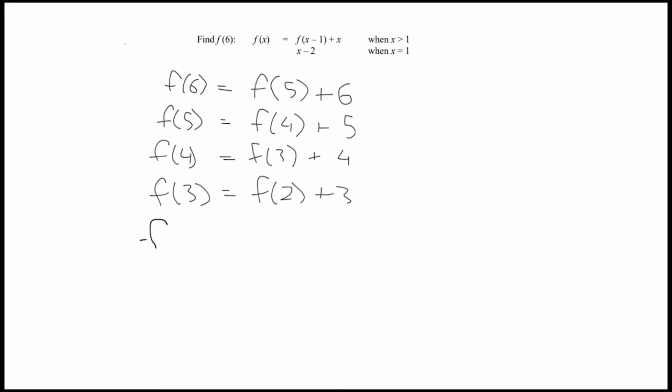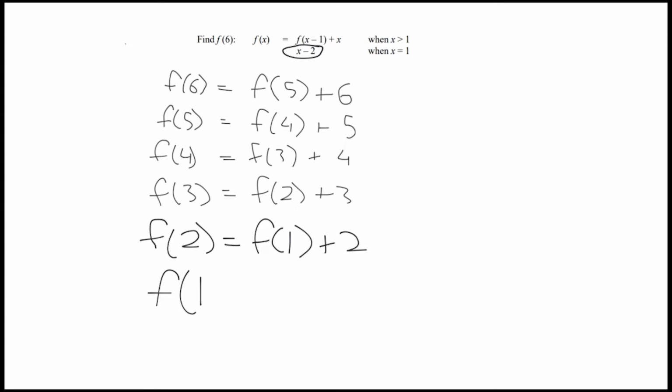F of 2 would equal, well, 2 is once again greater than 1, so it would be f of 1 plus 2. And now we need to solve for f of 1, and what do you know? 1 is equal to 1, so we've reached our base case here. So f of 1 equals, well, 1 minus 2, that equals minus 1.